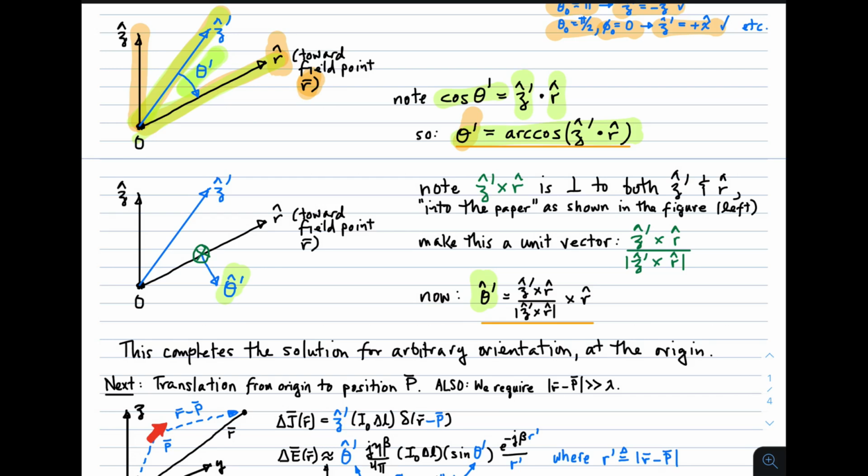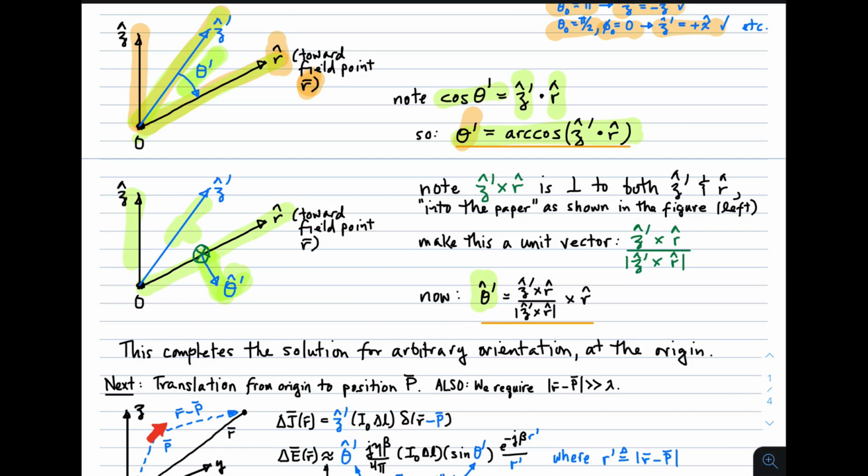It is the unit vector which points away from the z hat prime vector, just as theta hat points away from the z hat vector. So theta hat prime is given by this unit vector, which is pointing down and to the right, as shown in this picture. And also note that it's perpendicular to r hat, that is the unit vector which points towards the field point.